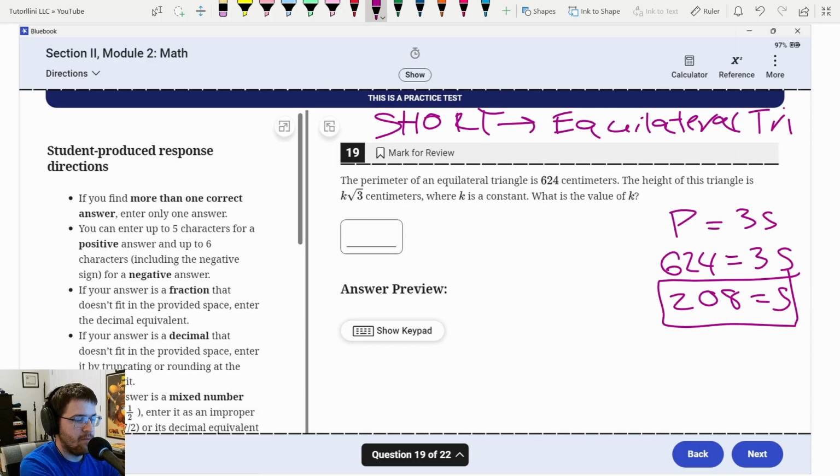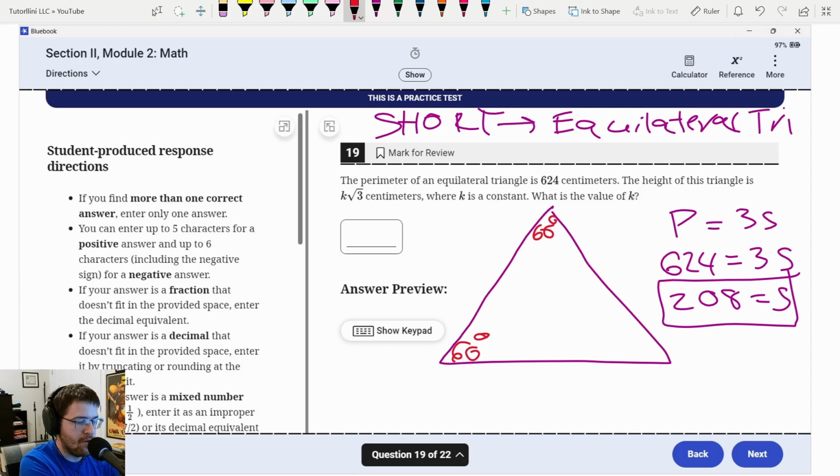Okay, so now I can start making our picture. Equilateral triangles have all 60 degrees. And we just figured out all the side lengths are 208. If I draw a reference triangle, I go over this in the video, draw a height there.